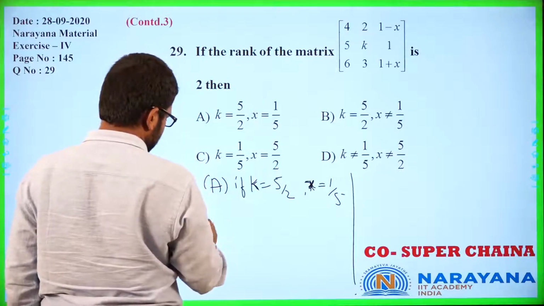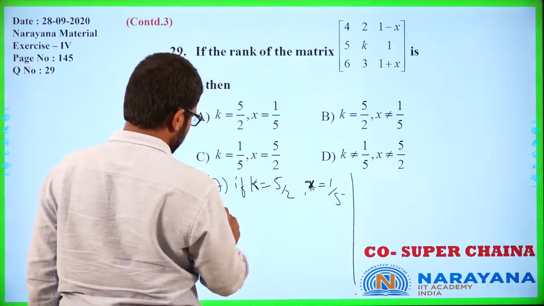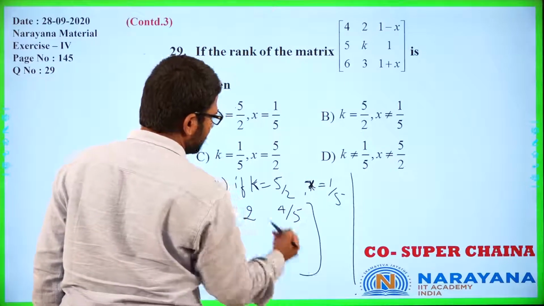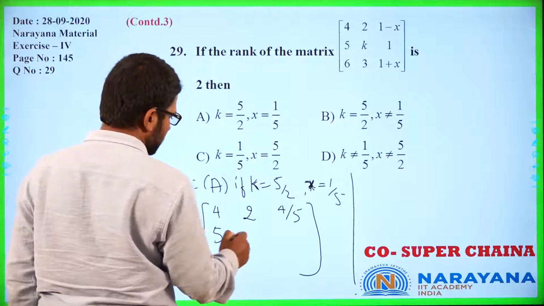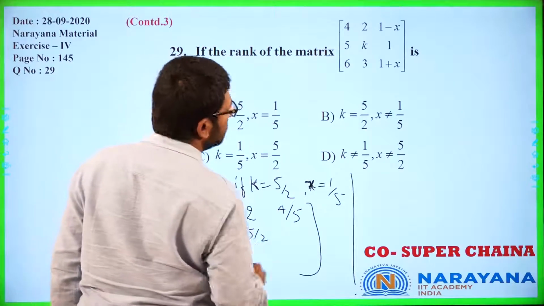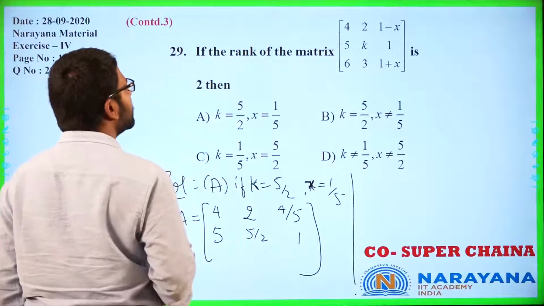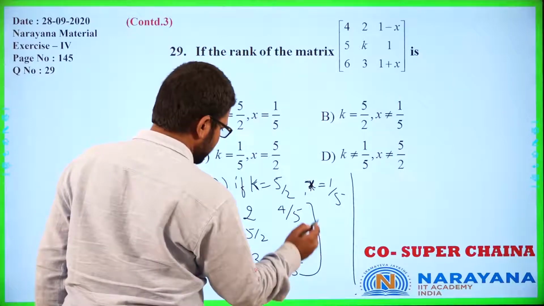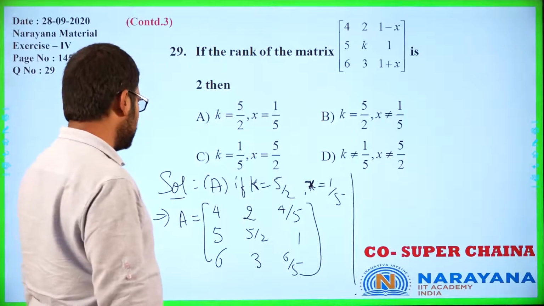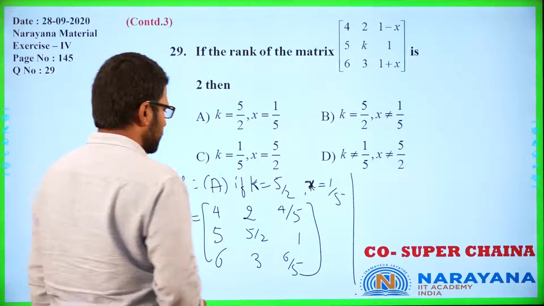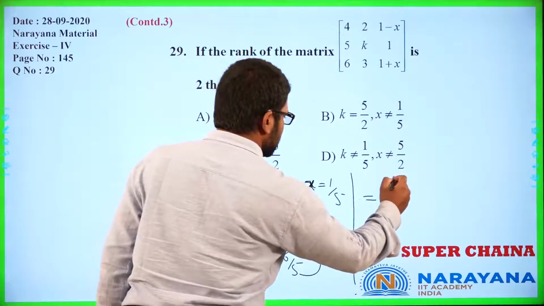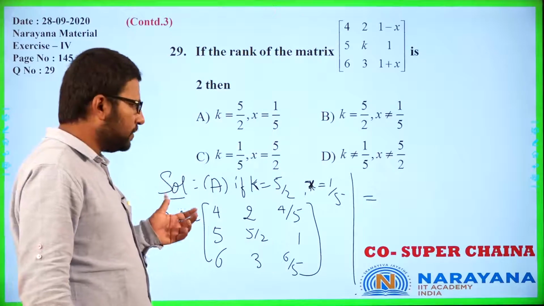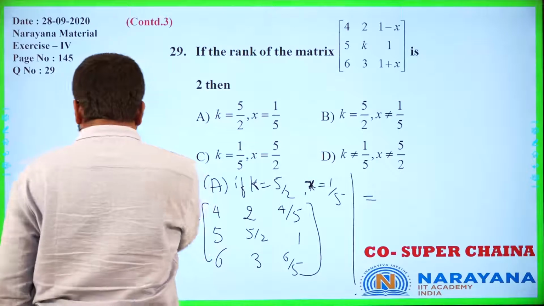A would be 4, 2, 1 minus 1 by 5 is 4 by 5, 5, 5 by 2, 1, then 6, 3, 6 by 5, right? Okay, so can you see, we can multiply any row or column by scalars, right, in elementary transformations.